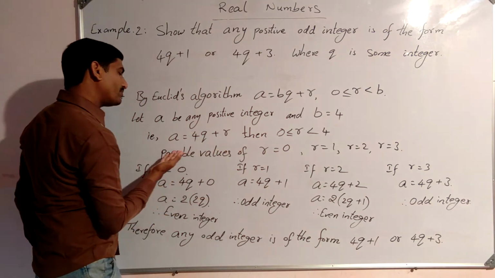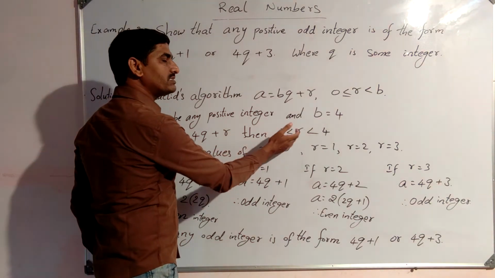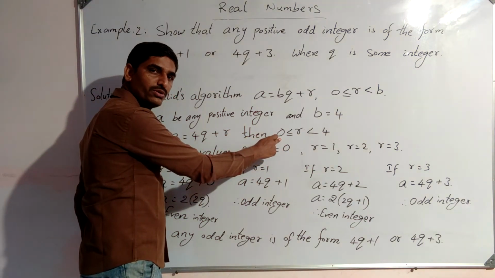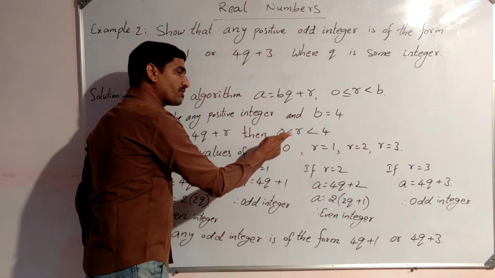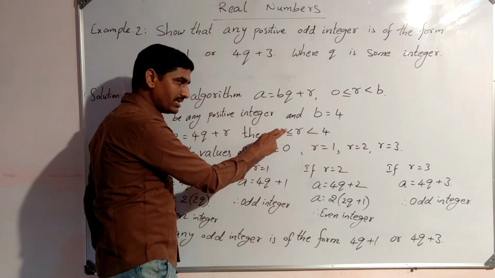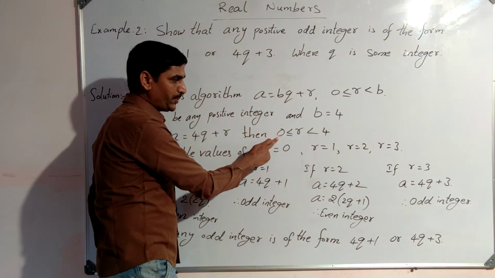Now what are the possible values of r? The possible values of r start with 0 but do not reach 4. Here less than or equal to is there, so we start with 0.